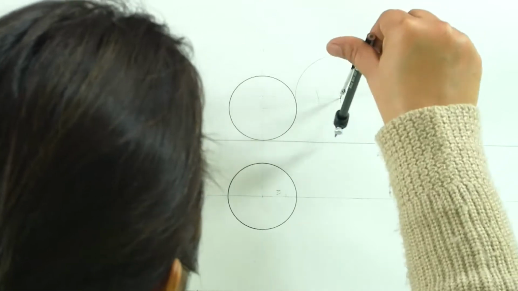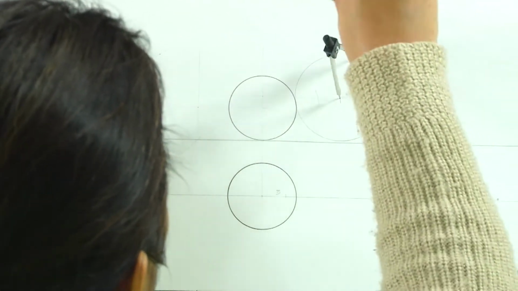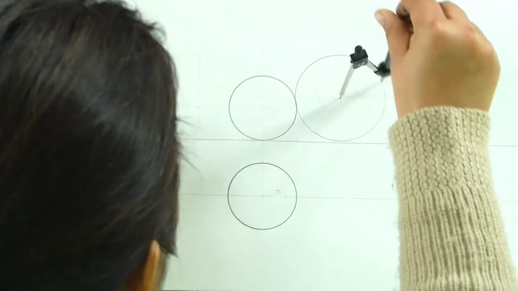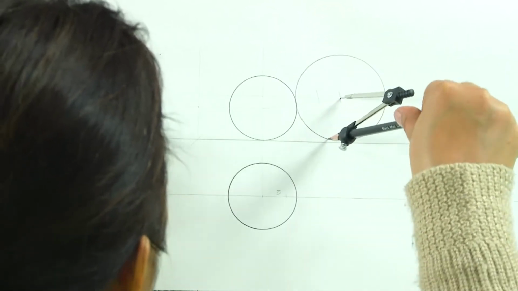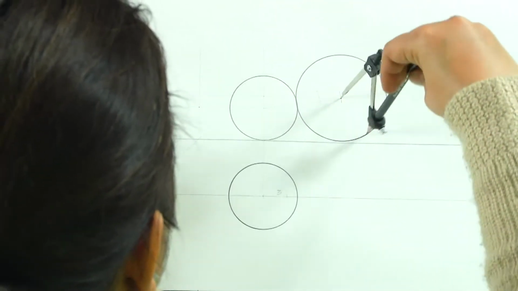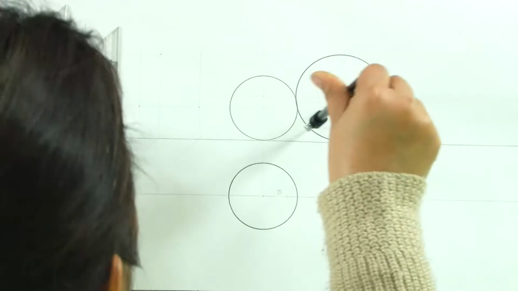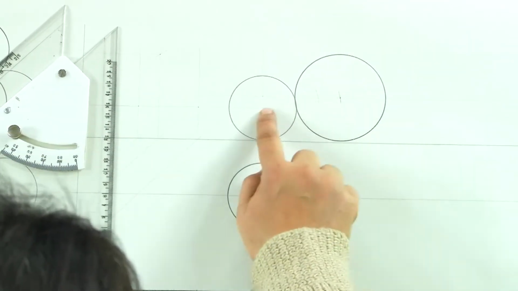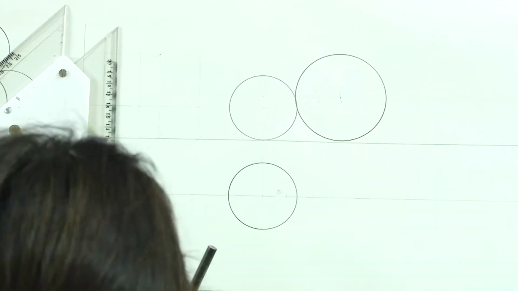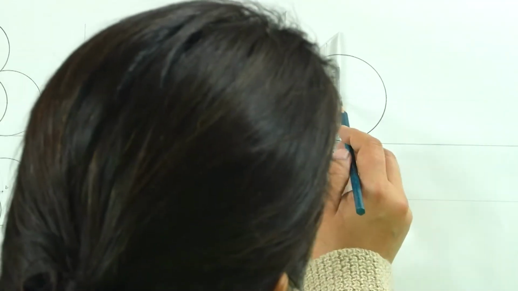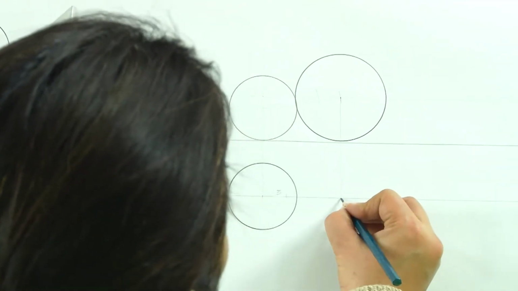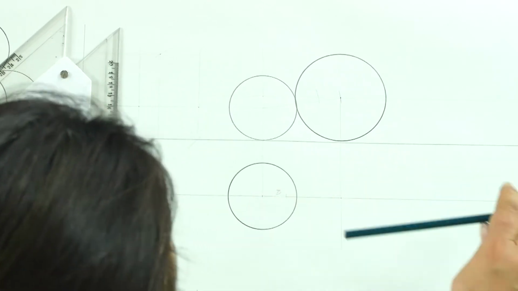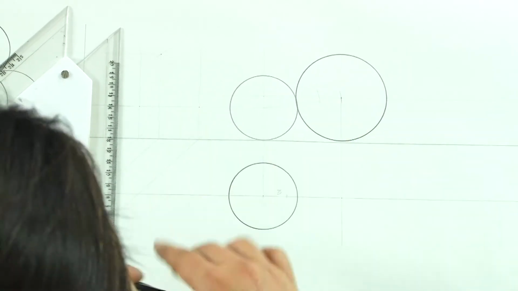So, of these two spheres, there will be this bigger sphere which will be touching the smaller sphere, connected like this, and if we see in the top view, we know that the line connecting these two centers is parallel to VP.